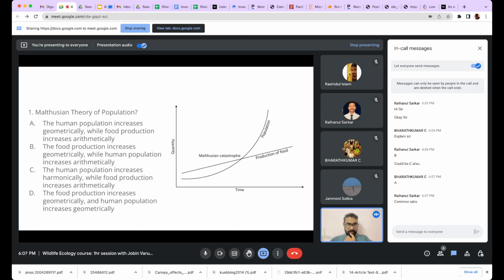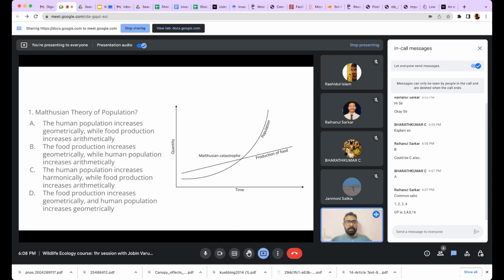No, geometric progression is not common ratio. So, okay, what is arithmetic progression? Arithmetic progression is a common difference.